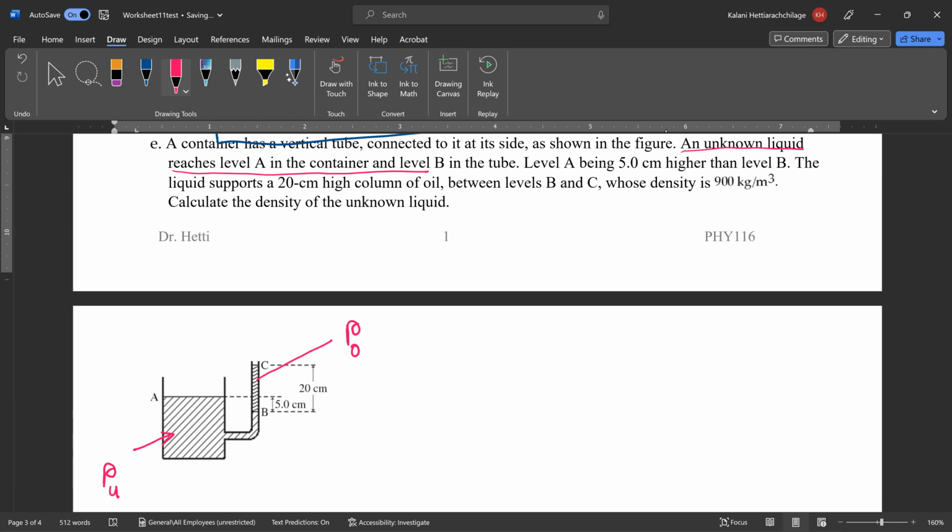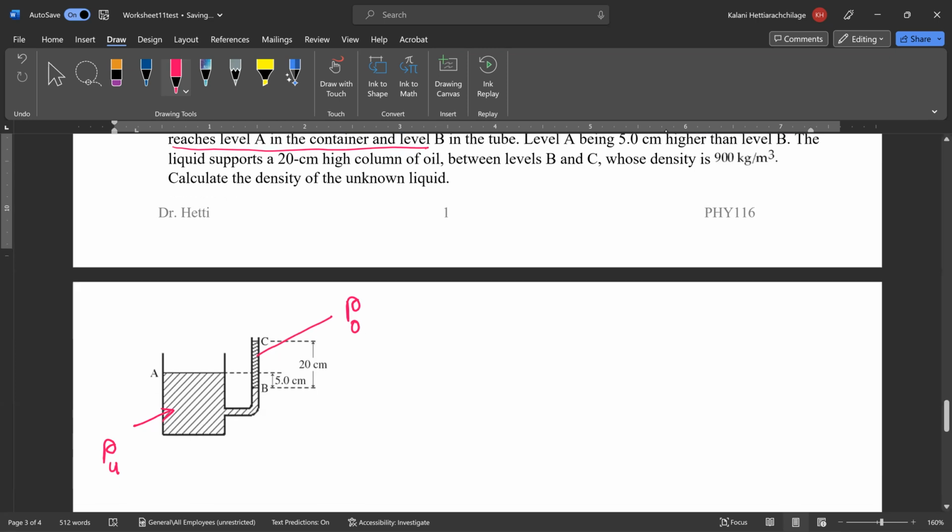Okay, so now according to this information, what we need to do is choose two positions that are at the same horizontal level, so we have the same pressure. I'm going to write P1 here and P2 here. What I know is P1 equals P2 in Pascal principle, right? But the important thing is this one is open to atmosphere here. This is also open to atmosphere.